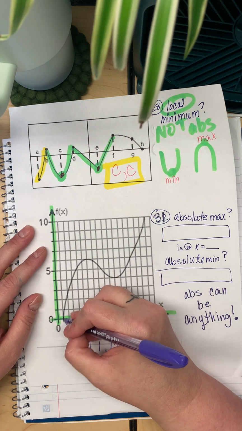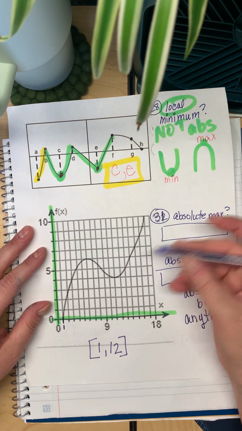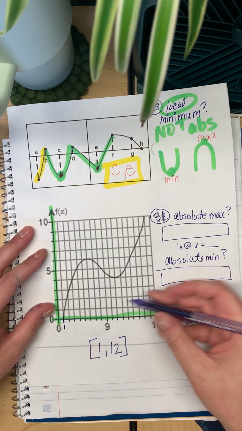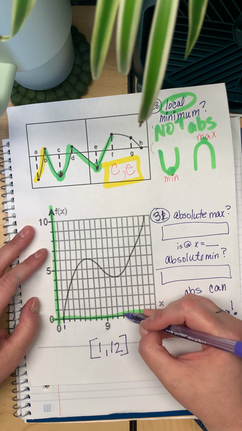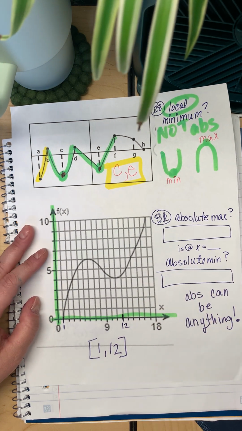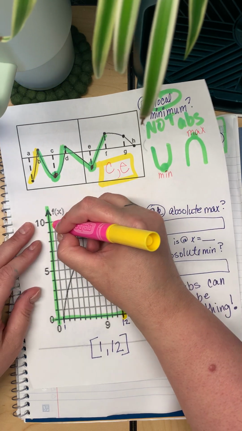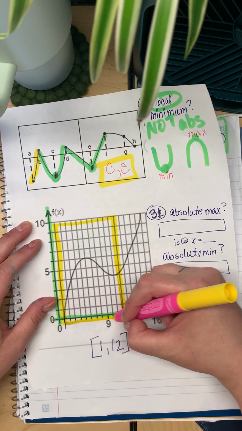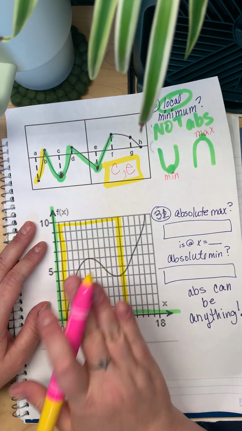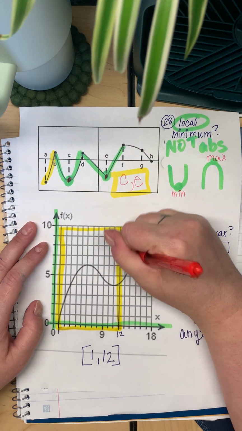So where is 1? Right here. Where is 12? Not over here at the 18. 9, 10, 11, 12. So we are only going to look at the portion of the graph from 1 to 12. Just this area. Not this area.